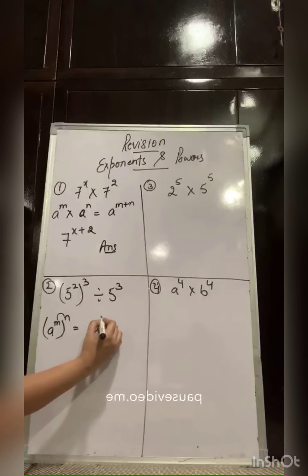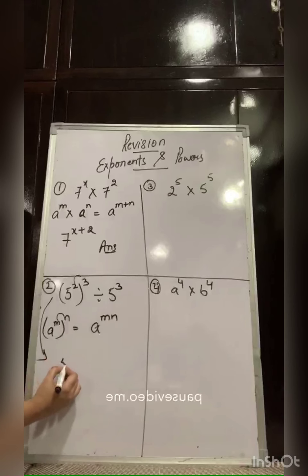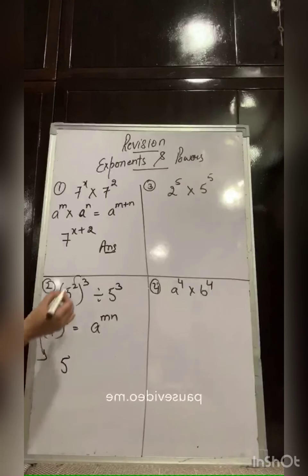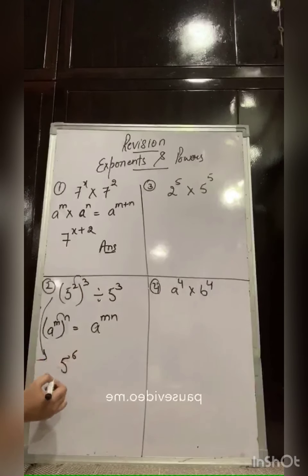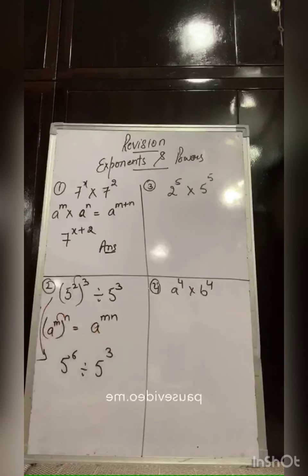So it is a raised to power mn, m multiplied by n. In this question these powers will get multiplied. It will be 5 raised to power 3 twos are 6, divided by 5 cube.